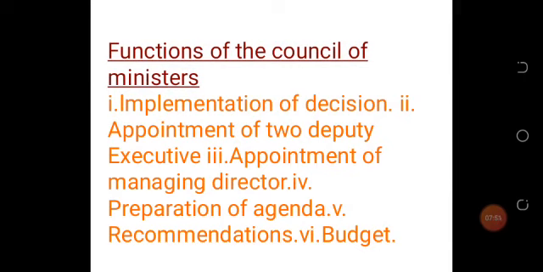It recommends the appointment of the executive secretary of the organization to the Authority of Heads of State and Government. Like I told you earlier, the Council of Ministers recommends who becomes the executive secretary of ECOWAS, but it will be approved by the Authority of Heads of State and Government.